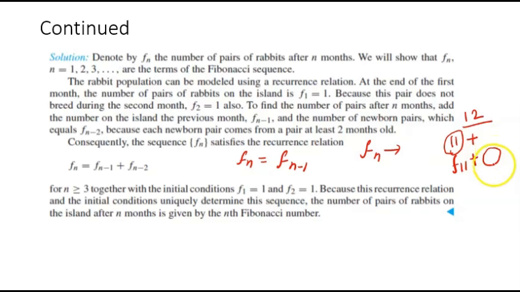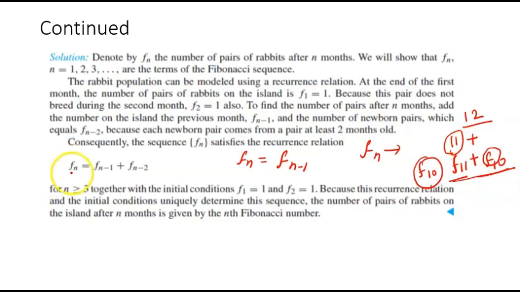How many such pairs will be produced? All those rabbits which are there till the end of the 10th month are now old enough to produce during the 12th month. So suppose F10 of them are there, each of them is going to produce one pair of rabbits. So the total number of pairs at the end of the 12th month will be equal to F11 plus F10.